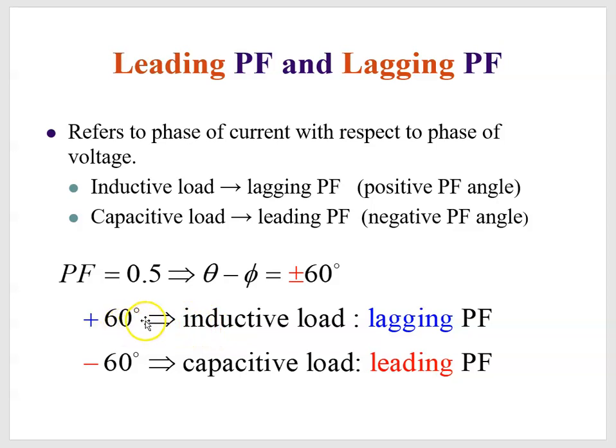So we say if our power factor is 0.5 and it's an inductive load, it's lagging because our current lags the voltage for an inductive load, and our power factor is going to be leading 0.5 if we have a negative angle or a capacitive load. So again, we can't just state that our power factor is equal to 0.5. We have to indicate also whether it's leading or lagging.